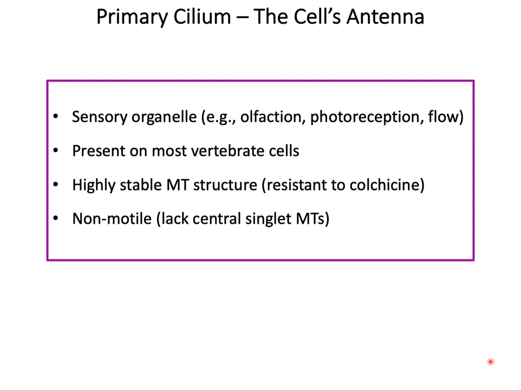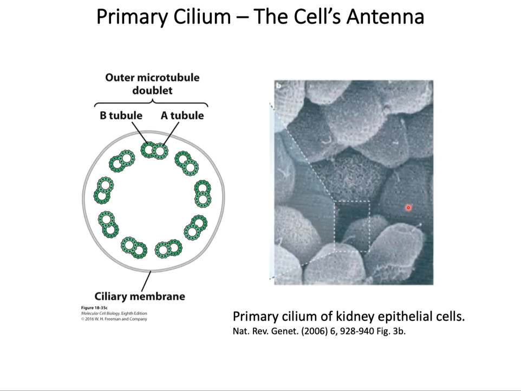They are not used for locomotion. They are not motile because they lack the central singlet microtubule, which is so important for the flagellar function. So what I meant by this is, here is a cross-section of the primary cilium where you have a microtubule doublet around the edge, but you don't have the central structure, which is important for locomotion.